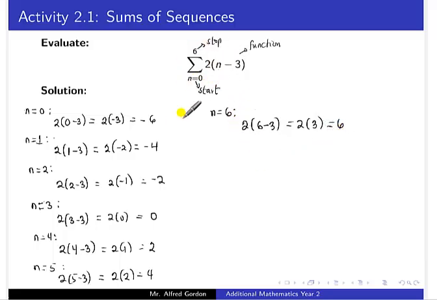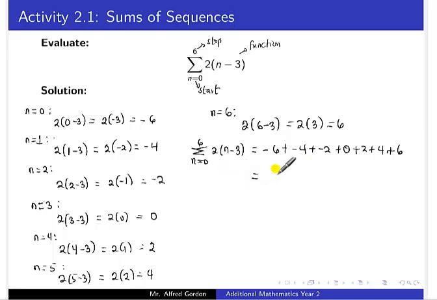Now, summation here means that the results we have obtained from the start to the stop, we have to sum all of them. So the summation n equal to 0 to 6 of 2(n - 3) will give us, when n is 0, negative 6, followed by negative 4, followed by negative 2, 0, 2, 4, and 6.